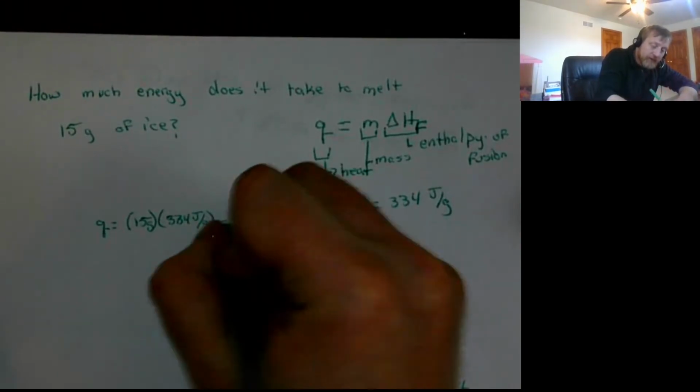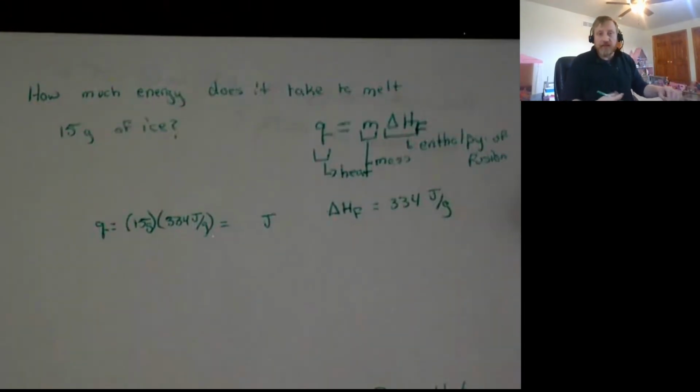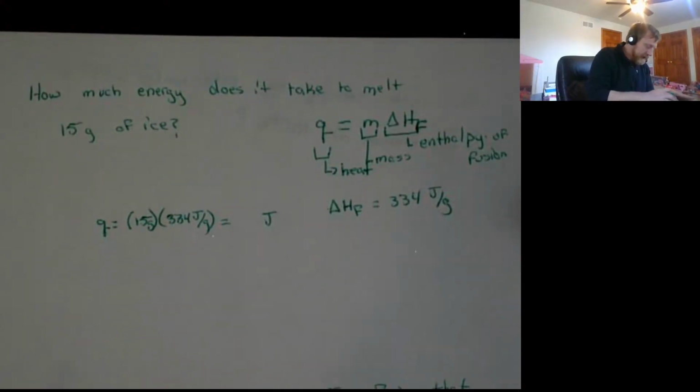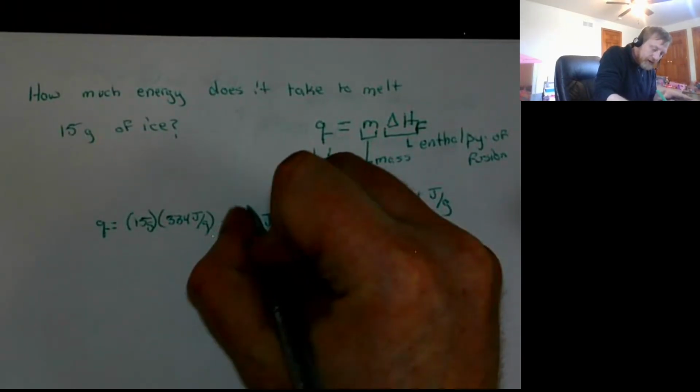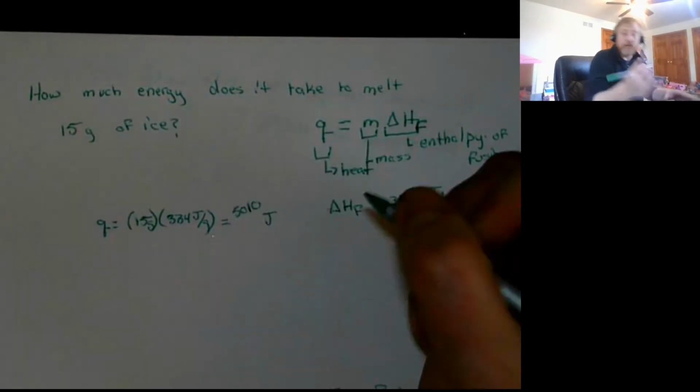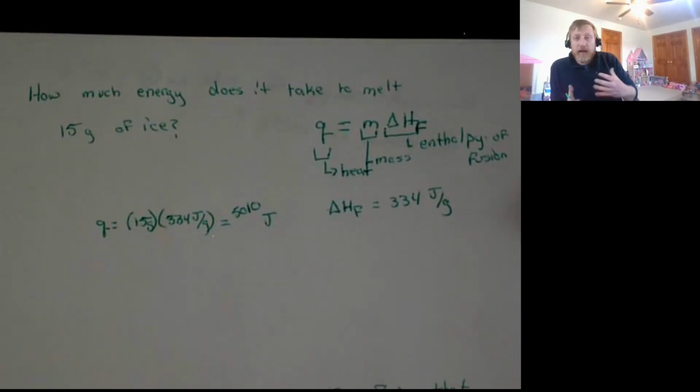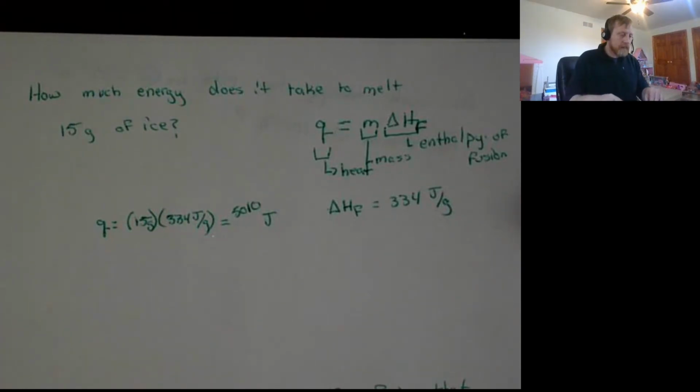Grams cancel, which will leave us in the end just with the unit of joules. And if we take 15 times 334, we'll see that there are 5,010 joules required. So that's how much energy would be required to melt this ice cube.